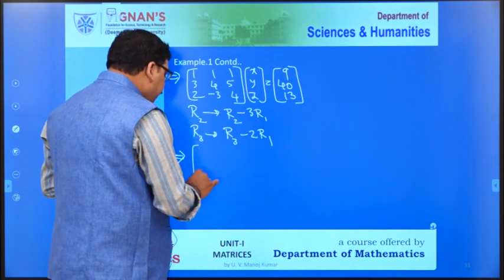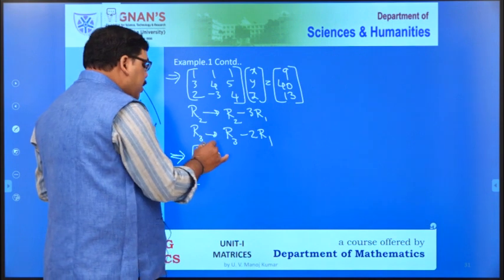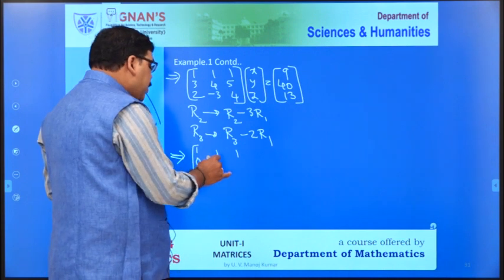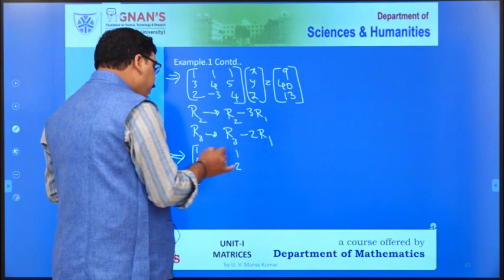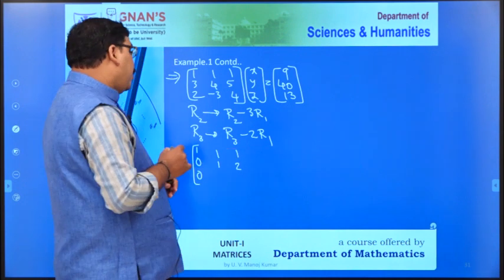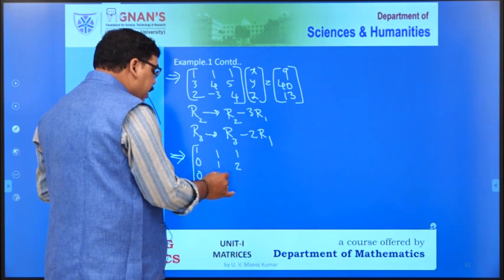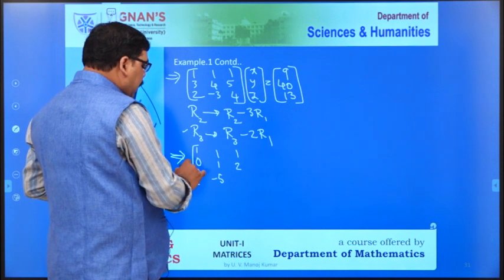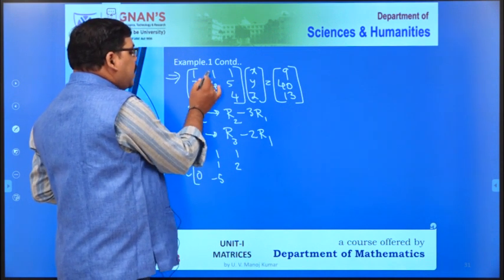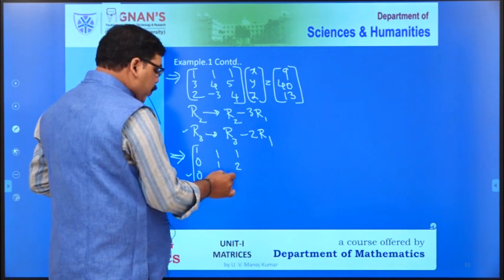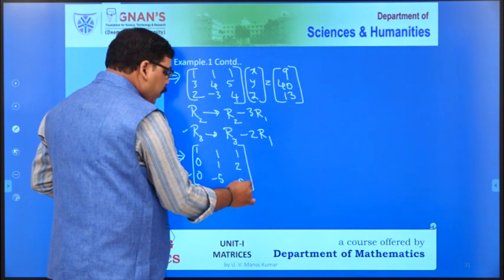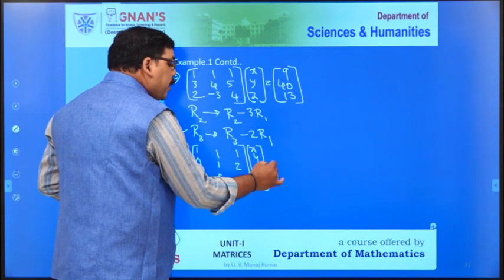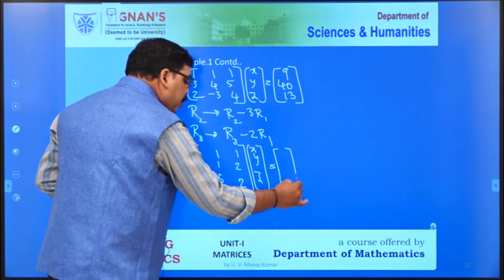So that gives us 1, 1, 1, first row is not changing, 3 minus 3 becomes 0, 4 minus 3 becomes 1, 5 minus 3 becomes 2, 2 minus 2 becomes 0, minus 3 minus 2 becomes minus 5, 4 minus 2, we are multiplying R1 with 2 here, for R3. Into x, y, z equals the same row operations you need to apply here also, don't forget.